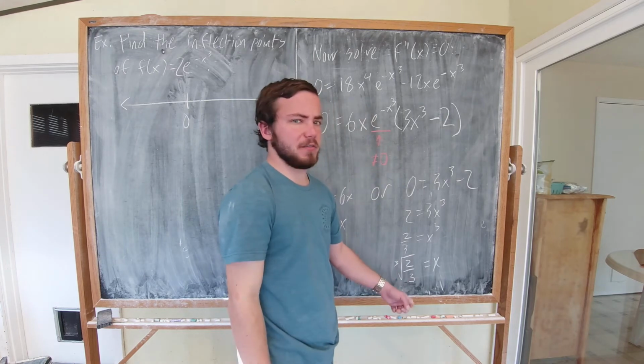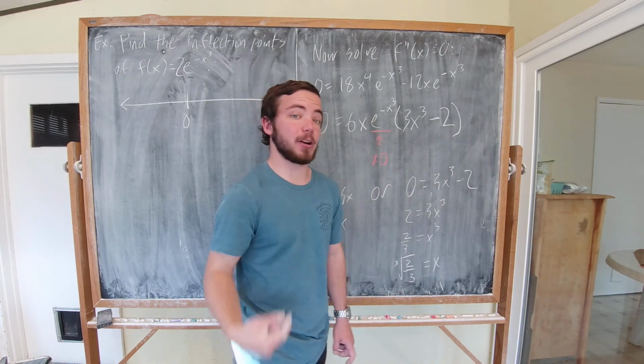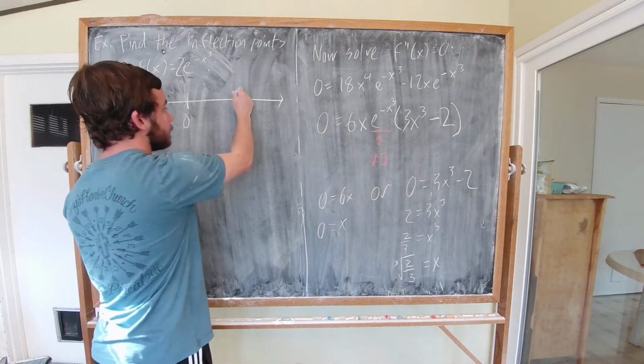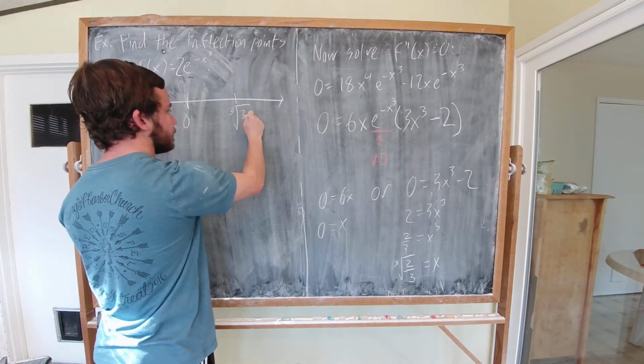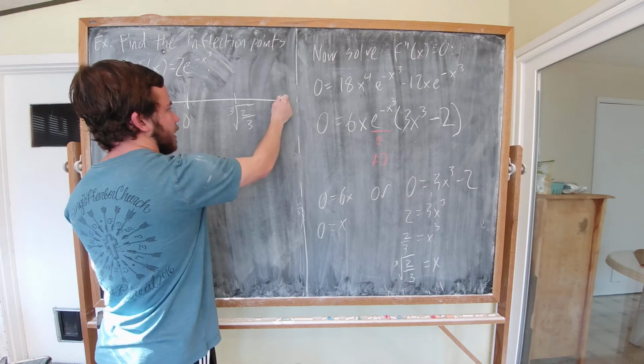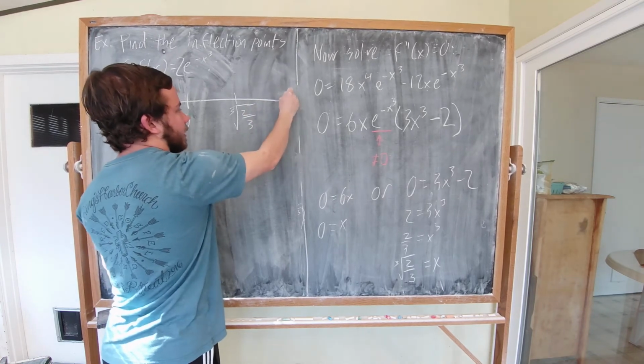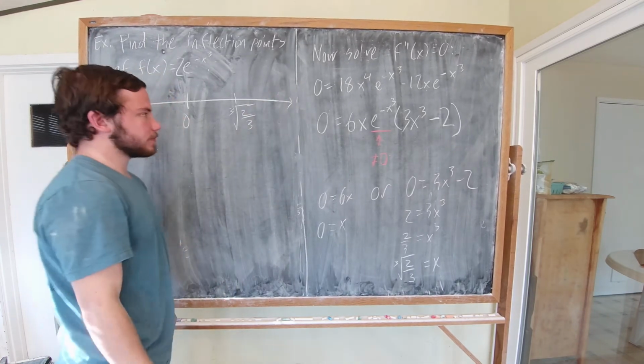Well, this is a positive number. I'm taking the cube root, so I'm going to get another positive number. No need for decimals here. Now we just need to pick some test points.